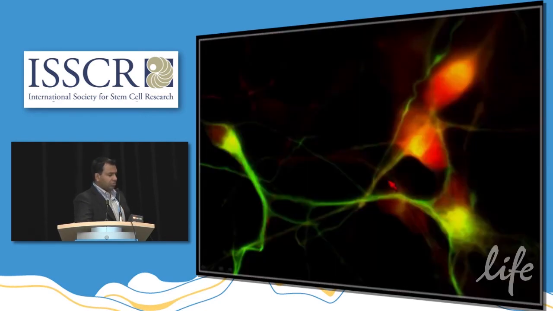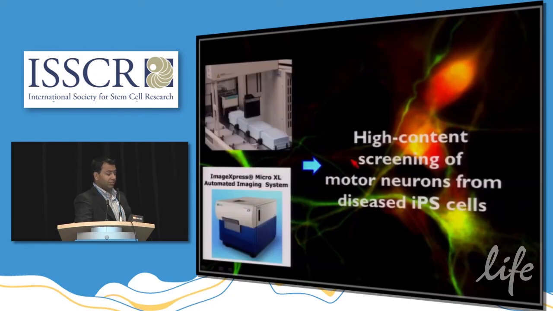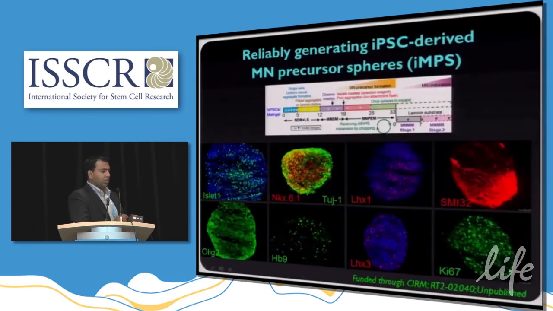The challenge was to take these beautiful motor neurons that we can grow in low throughput in a dish and take them into high content, making billions of them, or almost 500 million of them, to screen annotated chemical libraries. So we devised a protocol to make these motor neurons reliably and expand them at different stages and freeze them down.